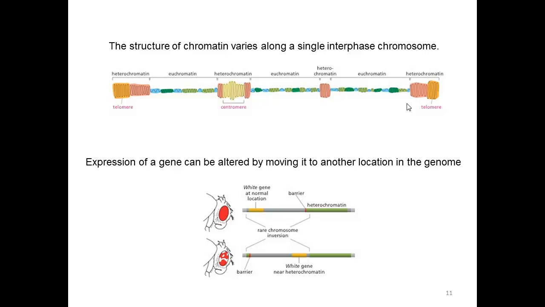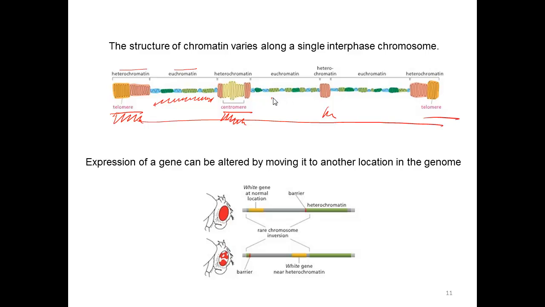On this slide, we see a schematic of a Drosophila chromosome. We see the centromere, the two telomeres, one on each end, and we see regions of heterochromatin alternating with euchromatin. Euchromatin is the light band on the chromosomal karyotypes. These are the dark regions, the heterochromatins.